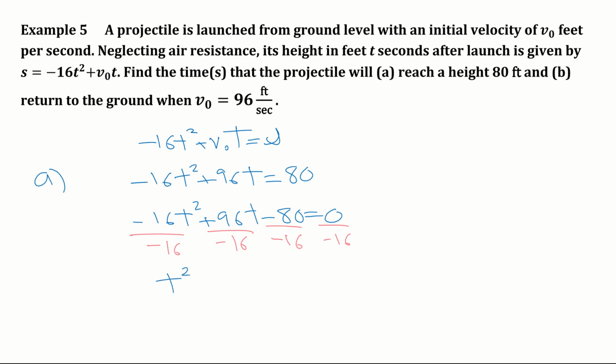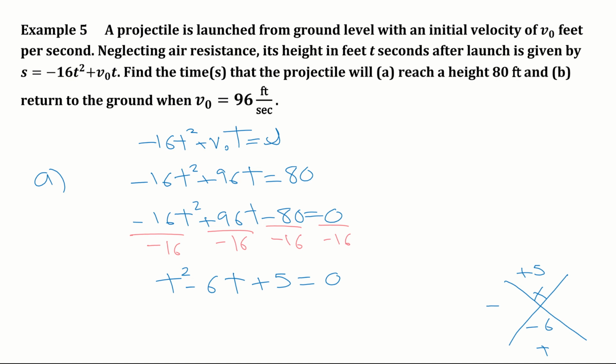So we get t squared minus 6t, and then negative by negative here is going to give us positive, so plus 5 equals 0. Now that becomes a simple problem. We're looking for two numbers whose product is positive 5 and whose sum is negative 6, right? So what do we think those numbers are? Well, think about it.